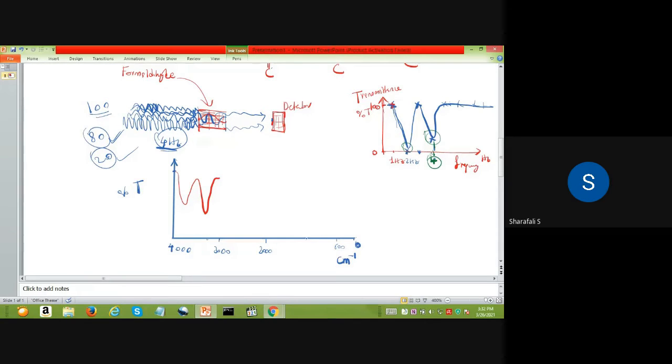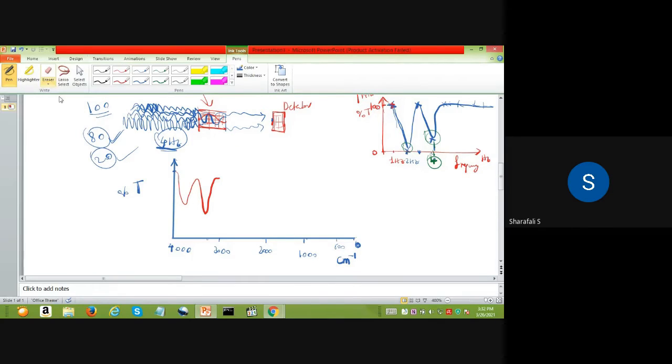Then here we have some 1000. And this 500 will come somewhere here. So all this is in centimeter inverse, so this is in wave number.